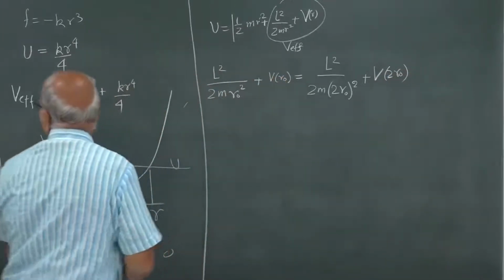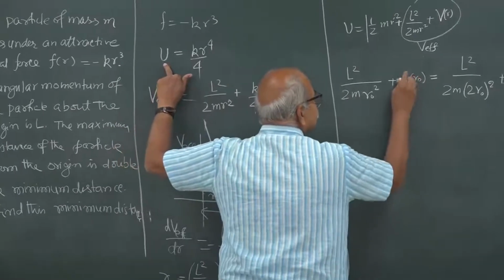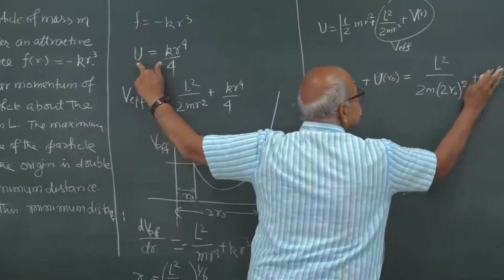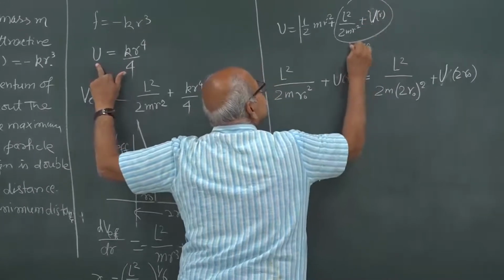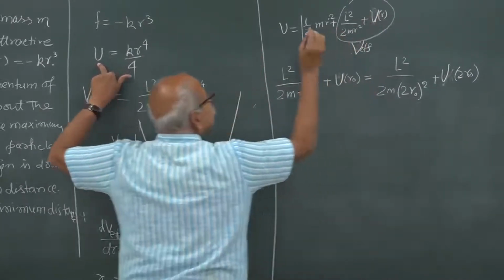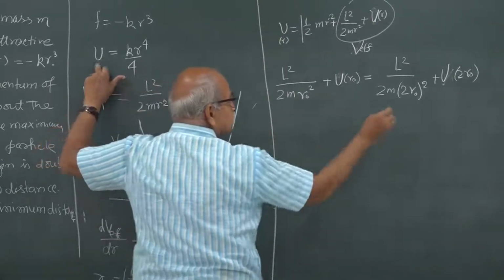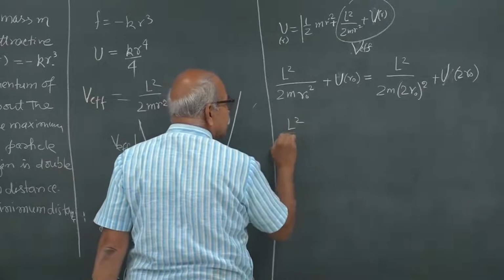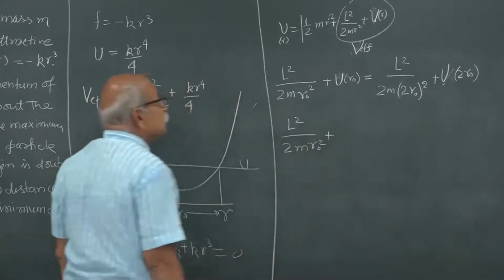I should have written u here, and yeah, V effective is fine. Okay. So, this is u at r. So, I can write L square by 2 m r naught square plus u at r naught.